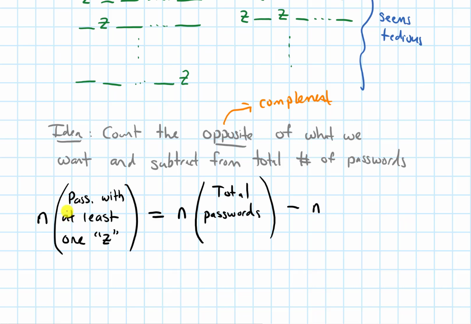So the opposite of passwords with at least one Z is passwords that have no Z's. So we're going to subtract the number of passwords with no Z in them.